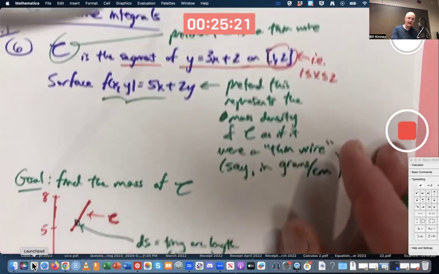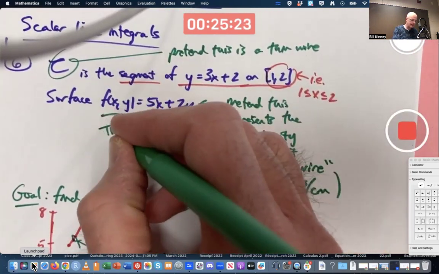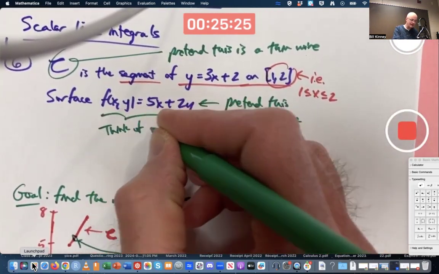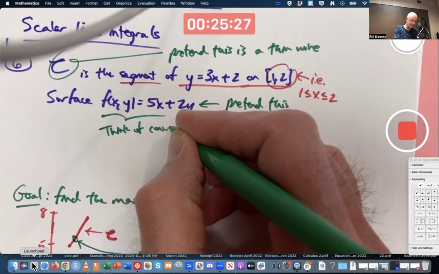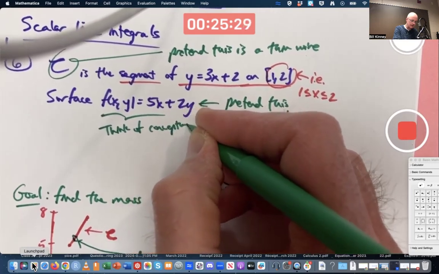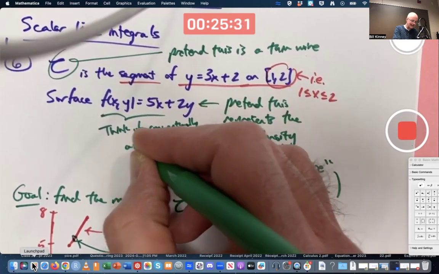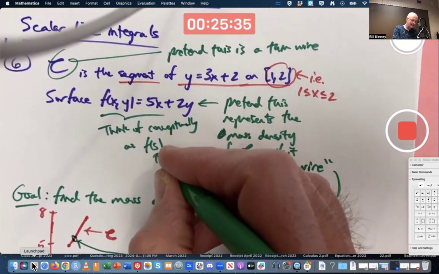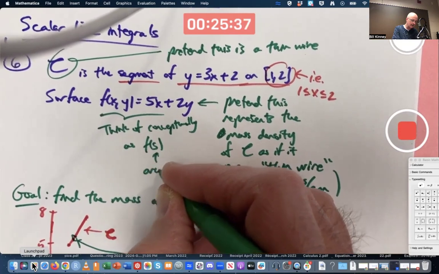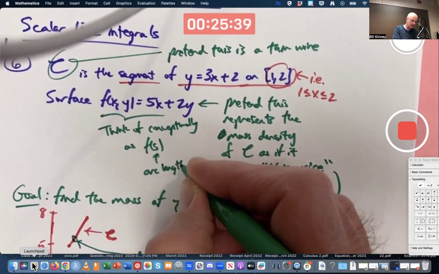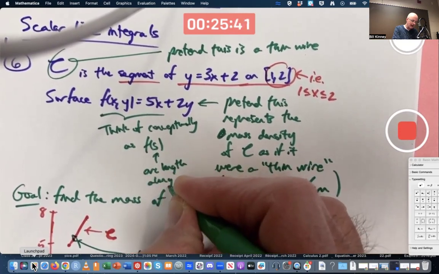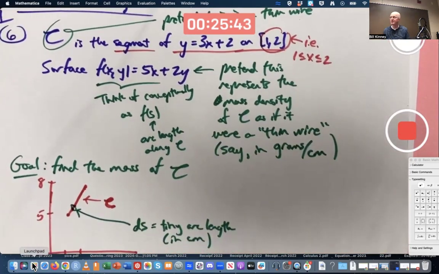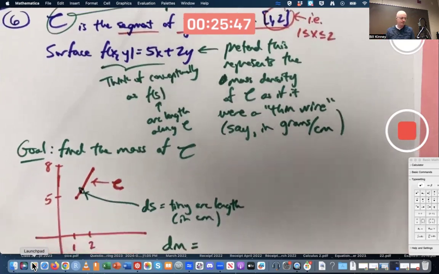And we're going to think of this conceptually as f of s, where s is arc length along C. I can be a bit more explicit about this, but not at the moment.